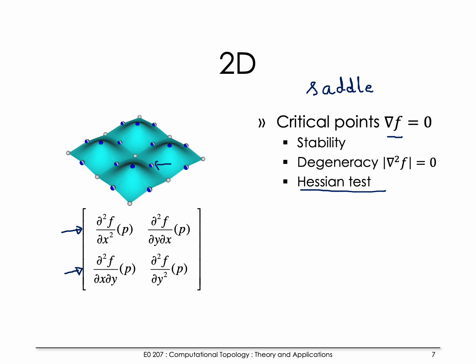So the max will correspond to two negative eigenvalues. Whereas the saddle will correspond to one positive and one negative eigenvalue.